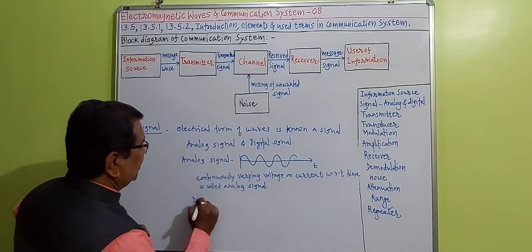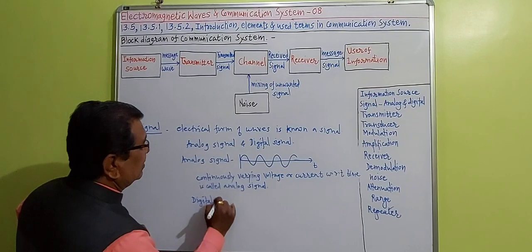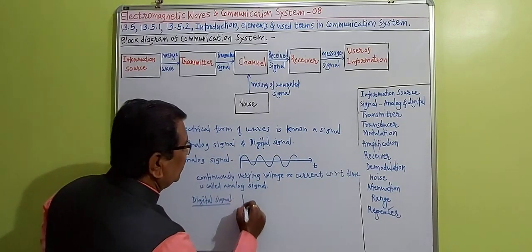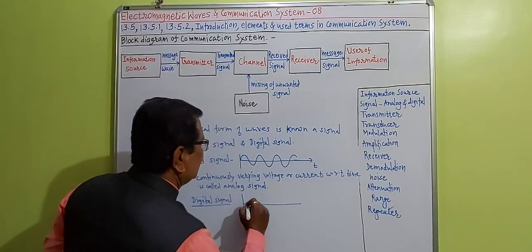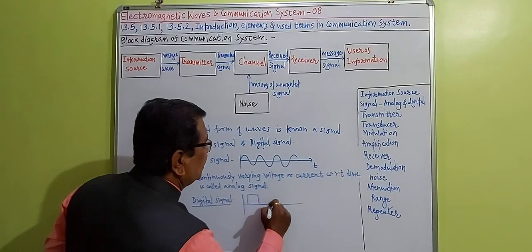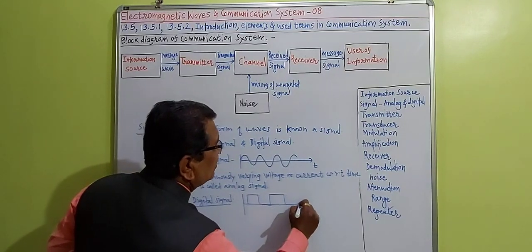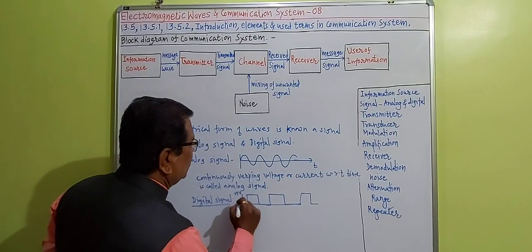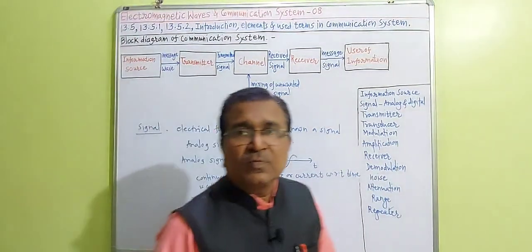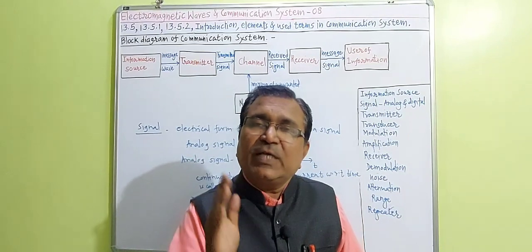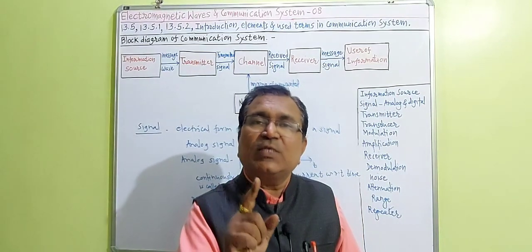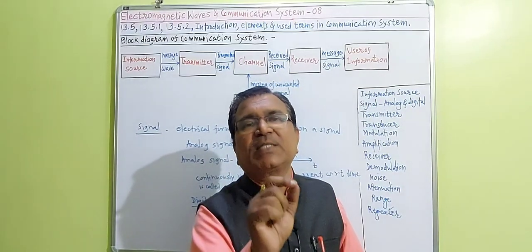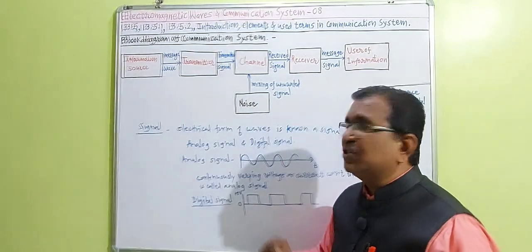And the next one is digital signal. The waveform of a digital signal is like this. Suppose this is plus 5 volt and this is 0 volt. So voltage and current have two discrete values, either maximum or minimum. Maximum value plus 5 volt, minimum value 0.